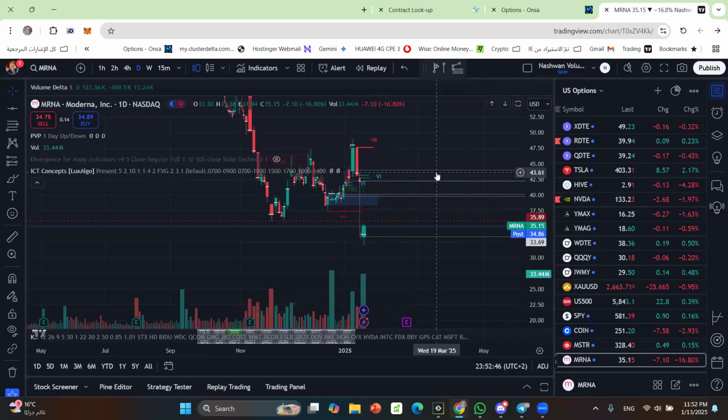Maybe I don't recommend it, but maybe you can buy a bot based on this imbalance. It doesn't mean that the price will go to this level. Actually, the price goes up and down.